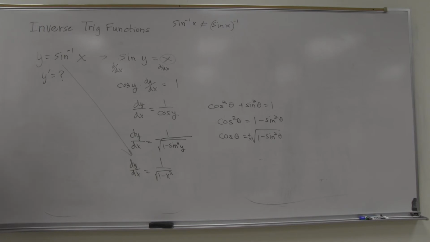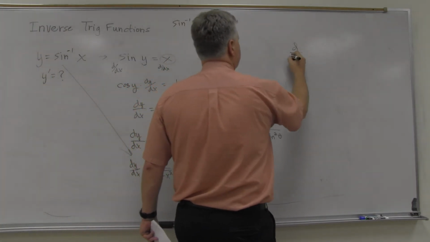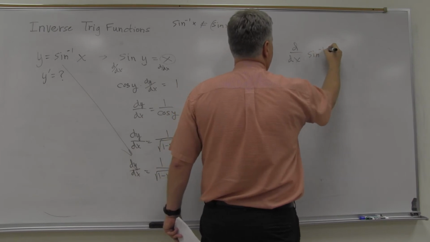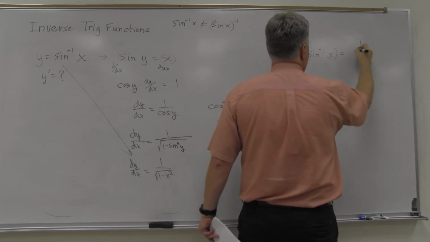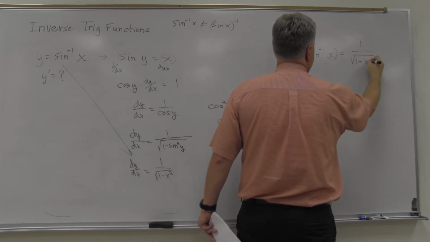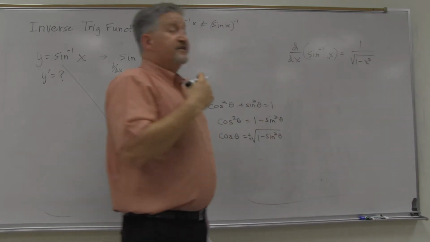All right, so we'll just use that. So the d/dx of sine inverse of x is 1 over the square root of 1 minus x squared.